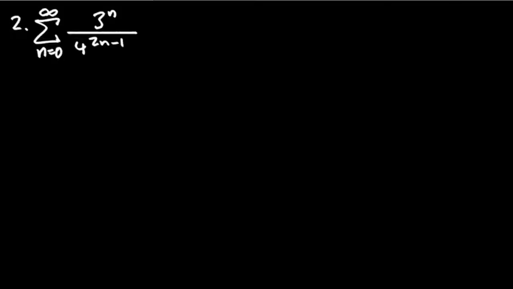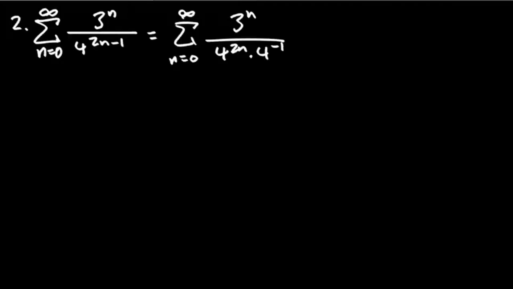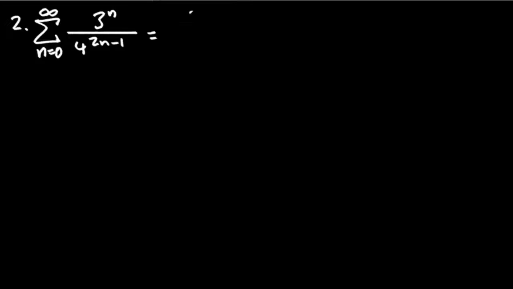At first this might not look exactly like a geometric series, but we can make it into one by some simple algebraic manipulations. Actually, wait, I think I meant for that to be n minus 1, not 4n minus 1, just to make things a bit easier so that we can illustrate the concept rather than focus on intense algebra.